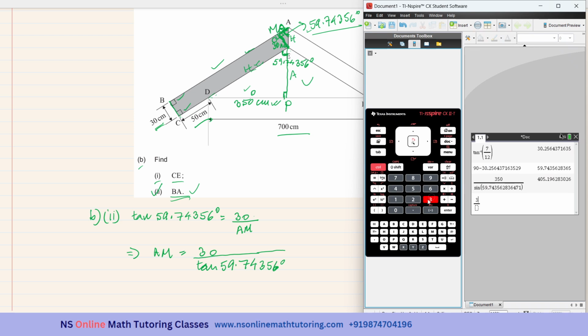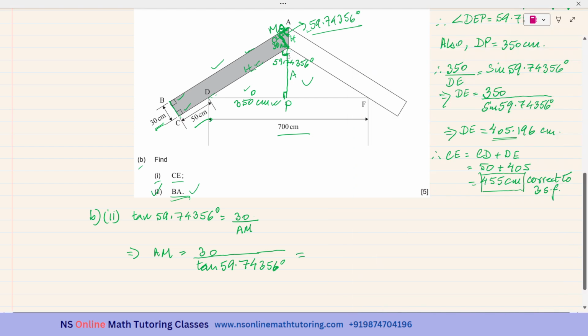It is 30 over tan 59.74356. It is 17.5. Okay. So I'm taking 17.5 centimeters for AM, equal to 17.5 centimeters.